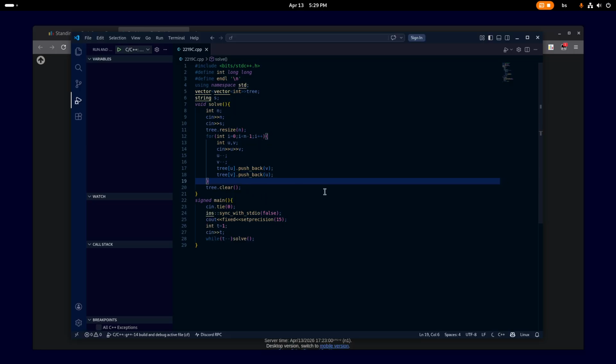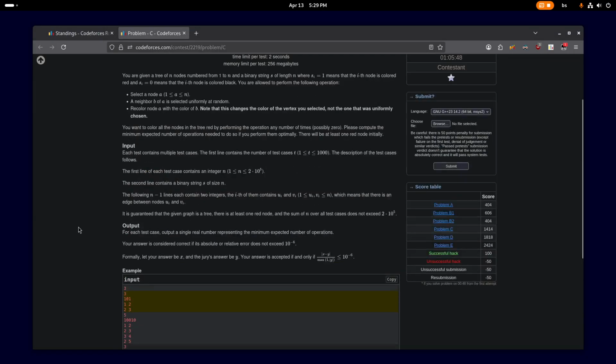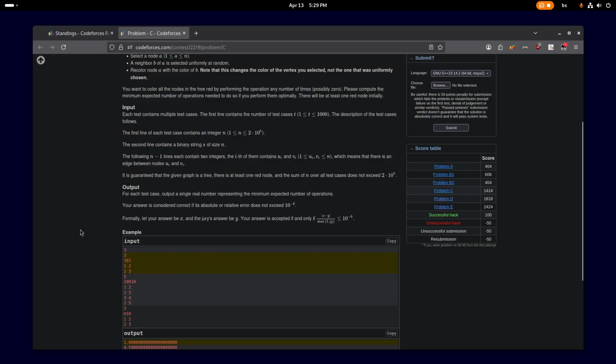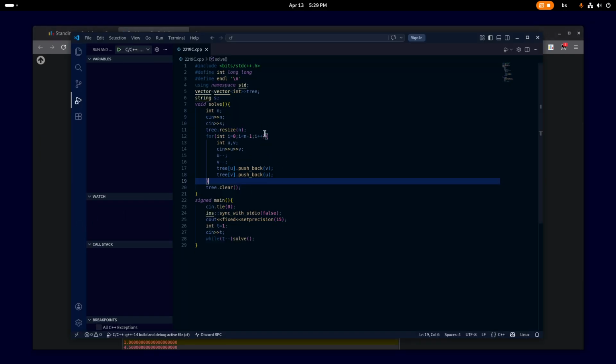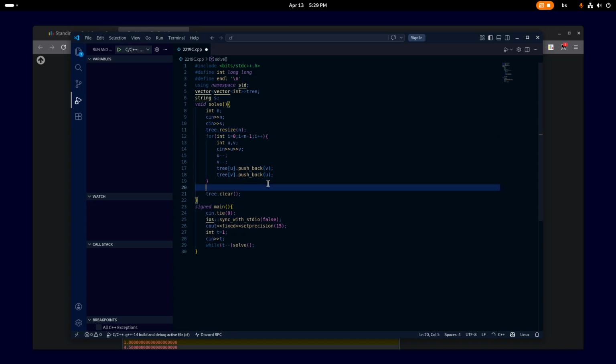Okay, now I would assume that the difficulty is finding the next node that you need to color red.